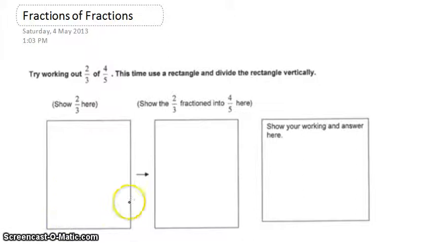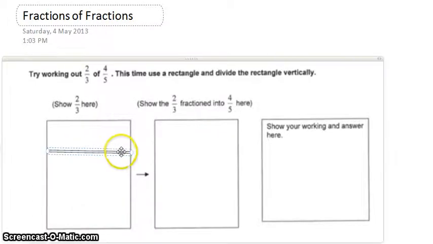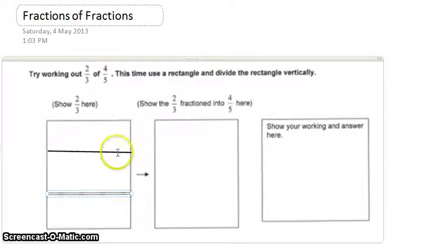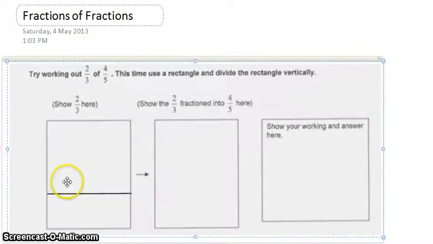So in this square here, we're going to show 2/3. I might use a straighter line to divide this into 2/3 as best I can and show 2/3. Actually, I think in class we did it the other way around. We did it this way.